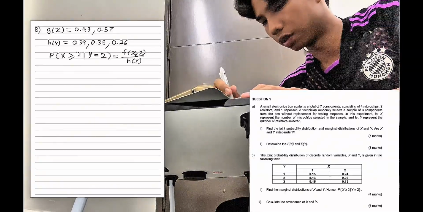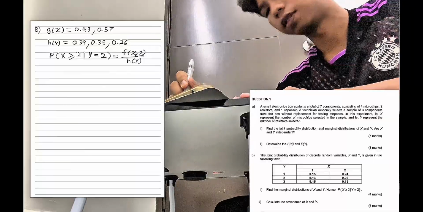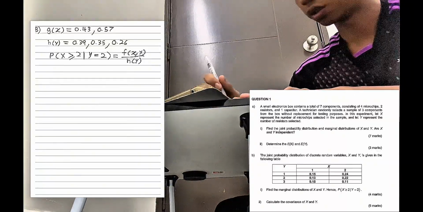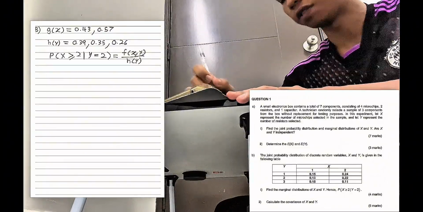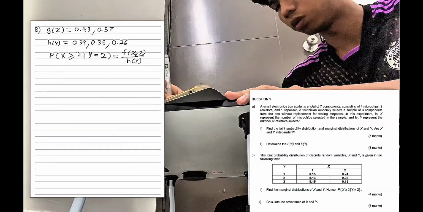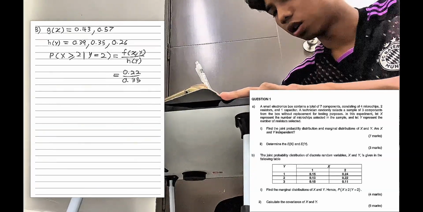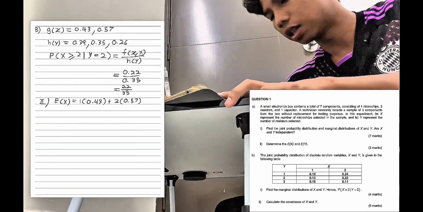For the conditional probability, X is greater than or equal to 2 and Y is equal to 1. I use P X equal to 2 and Y equal to 2 over H2. So 0.22 over 0.35, I will get the answer 22 over 35.